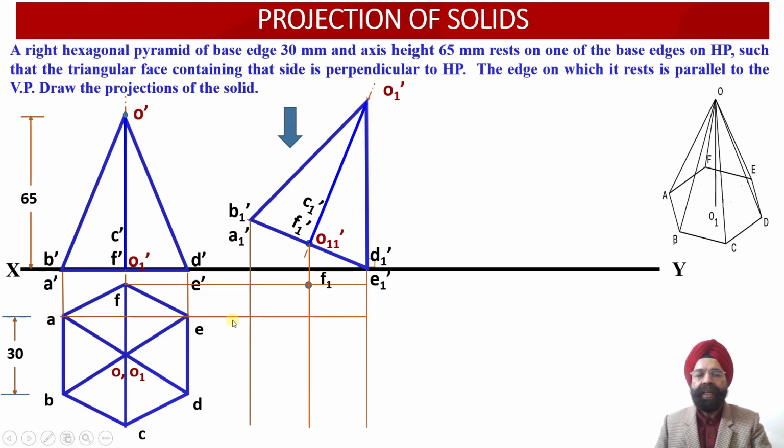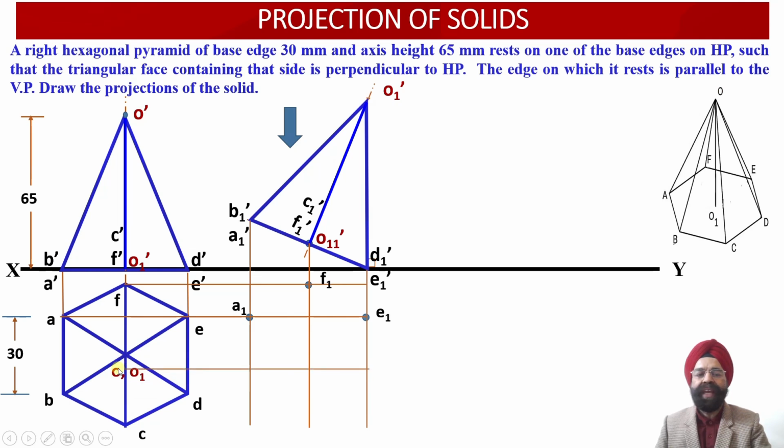Now wherever this horizontal projector line drawn through the points A and E is intersected by the vertical projector lines drawn through A1 dash and E1 dash, we are going to obtain the points A1 and E1 over here.